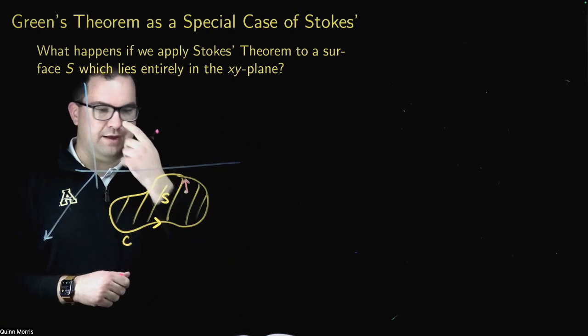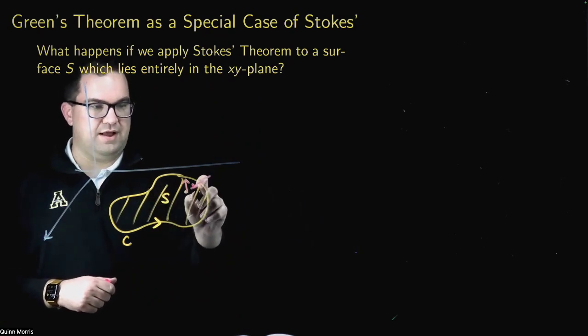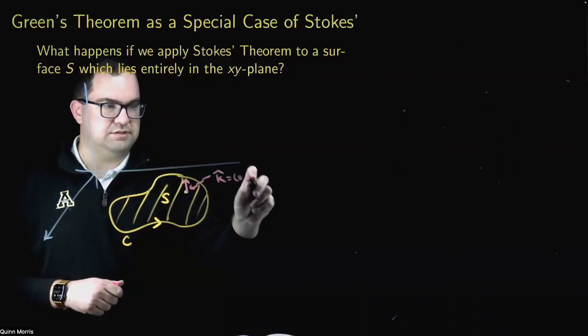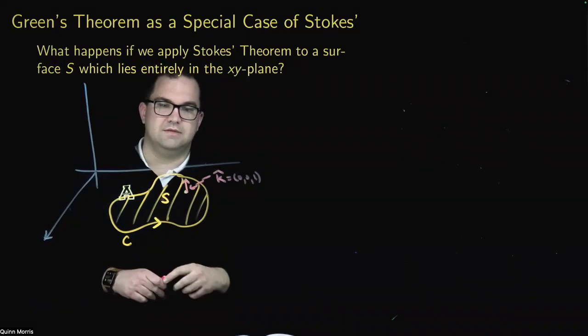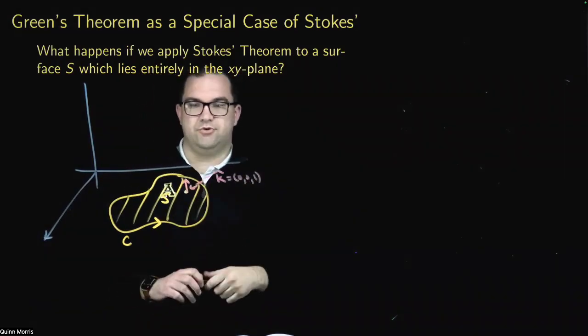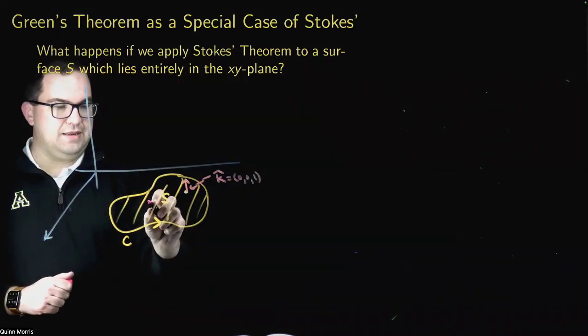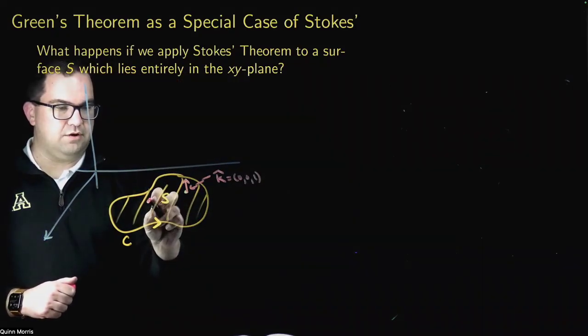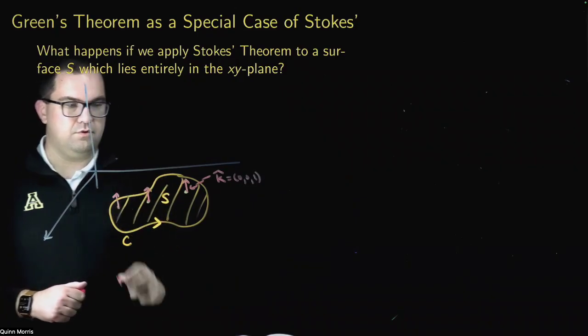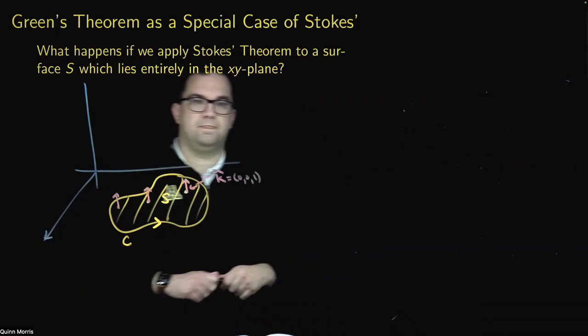And since it's a unit vector, it has to just be k, (0, 0, 1), the unit vector pointing straight up in the z direction. And that's true at any point on this surface. So if I'm over here, it's still the same normal vector.